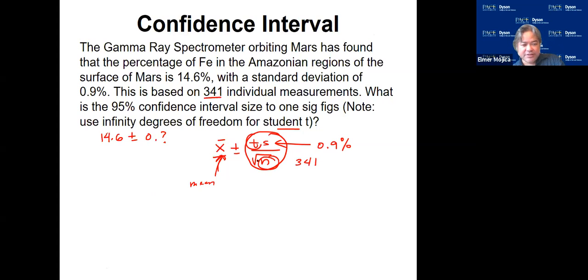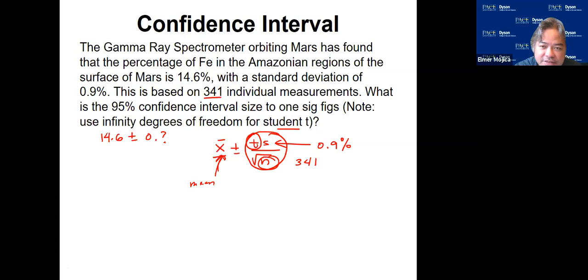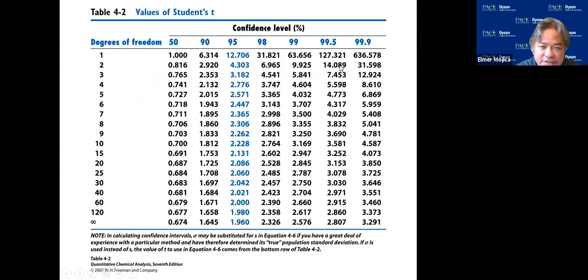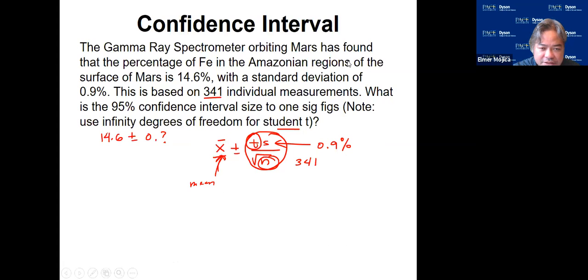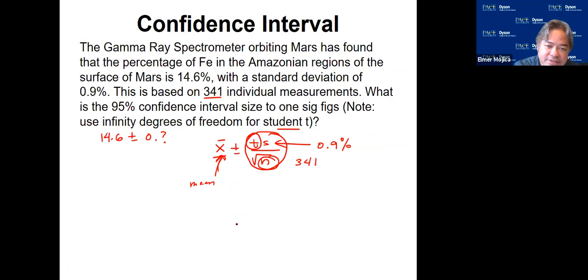Now where do we get the t? t is what? It's a critical value of t. Okay, that's the critical value. And that is equals to, if you're going to look at here, so how many percent confidence intervals? So 95%. Okay, so base there, use the infinity. So you're going to put 1.960.